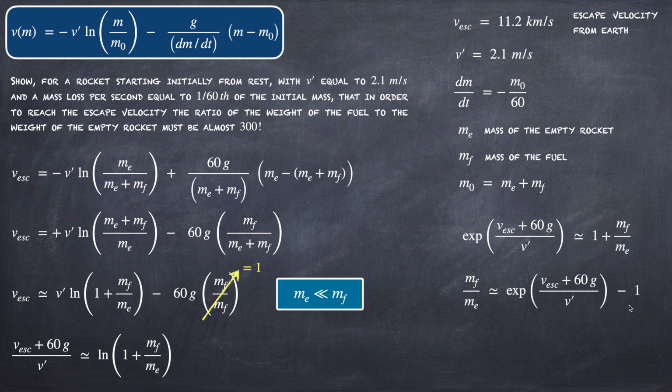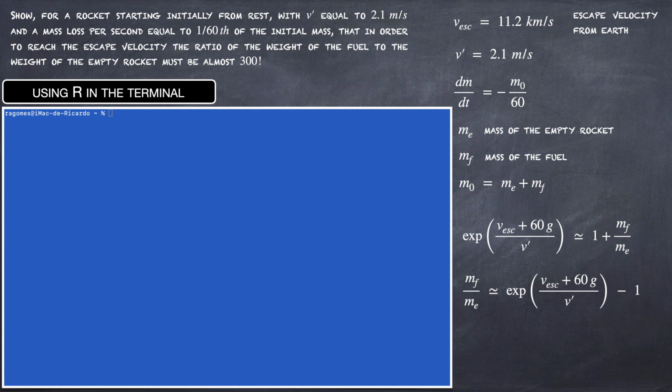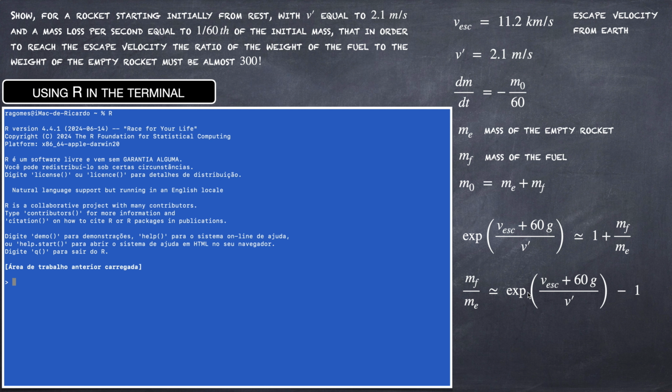Let's keep this. We will see that this is not significant, but we don't know yet the value of this exponential of this term. So let's keep this minus 1 up to the end. Now, let's use R in my terminal to calculate this value.